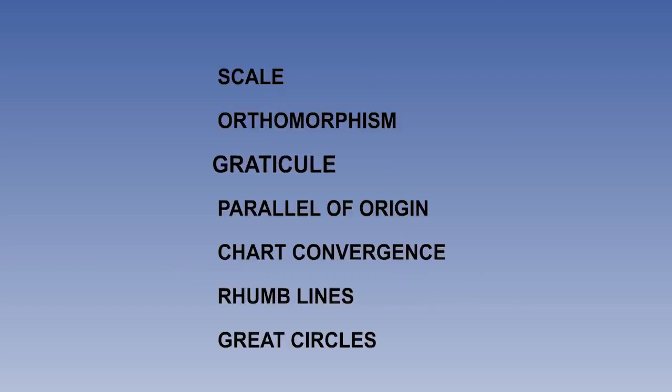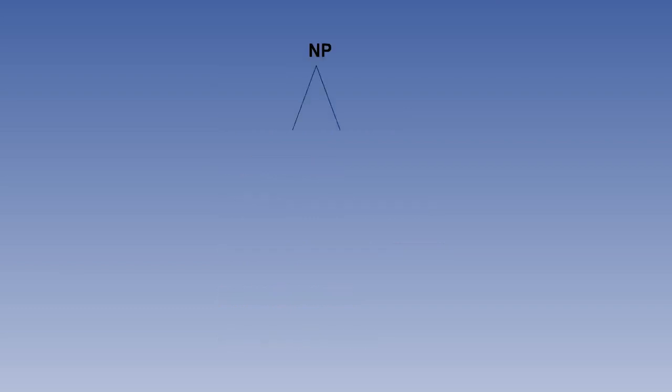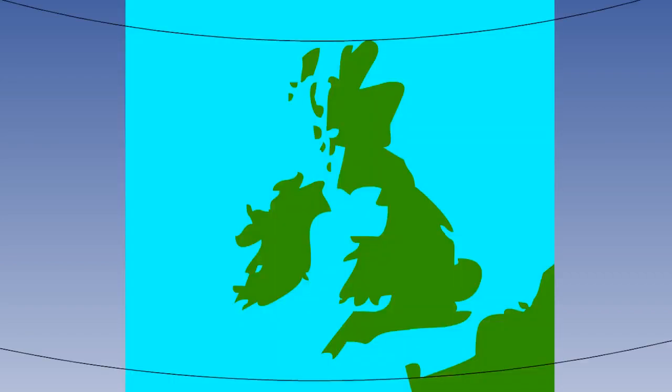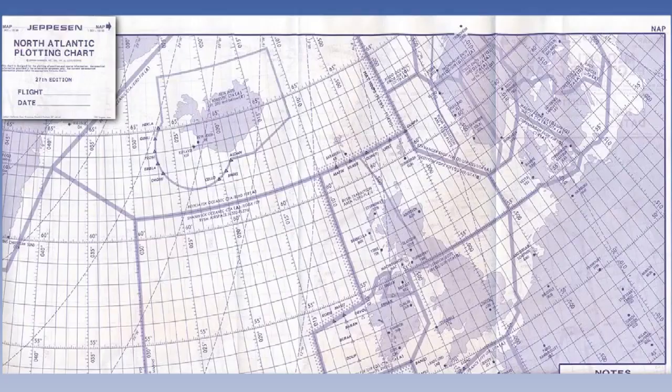What about the graticule? Meridians are straight lines, originating from the pole. Parallels are arcs of circles centered at the pole. However, the pole is usually off the part of the chart which you are using. The size and scale of the chart determines how easy it is to see the convergence.